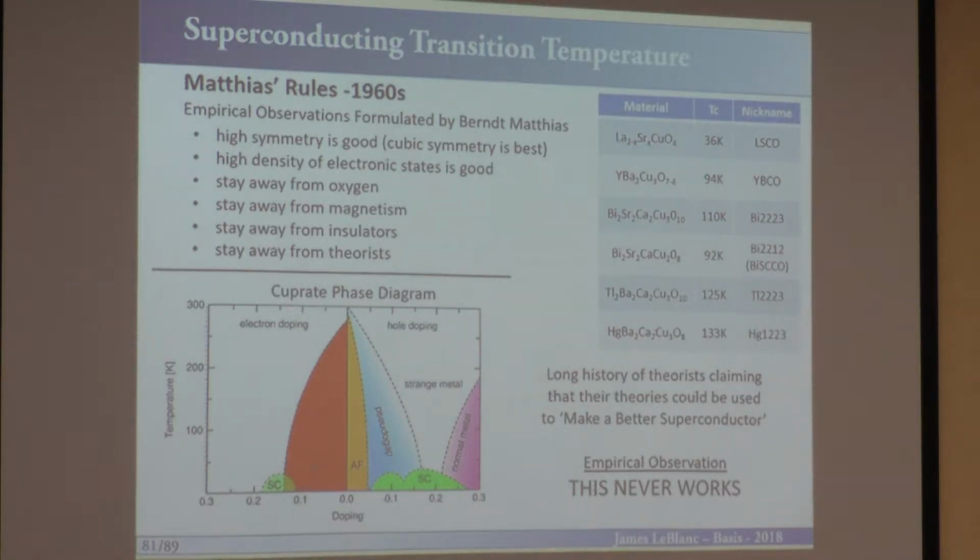Okay? However, I've had to adjust this. I've used this slide for a number of years, and I've had to adjust it because there actually is one explicit statement, which is not here, which has in fact been proved to explicitly work.